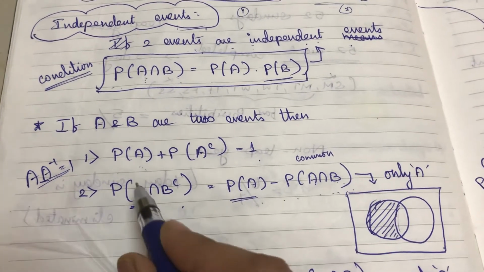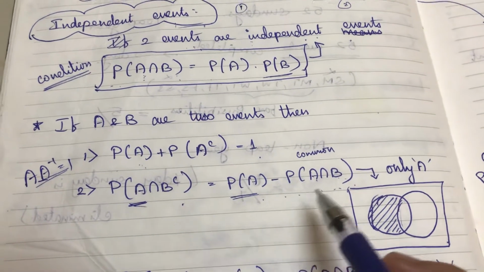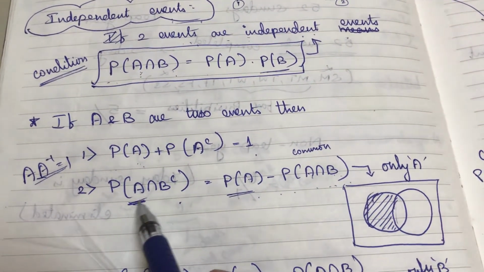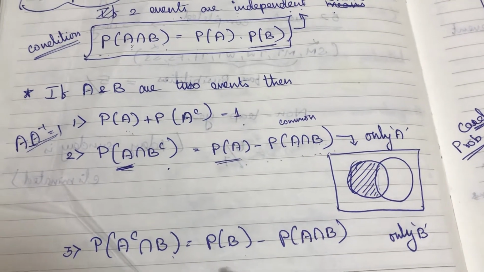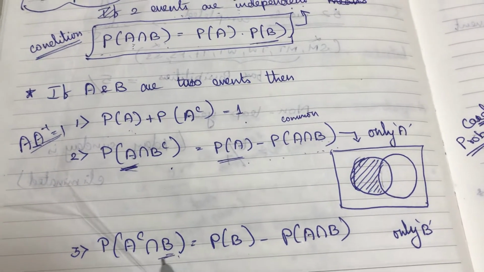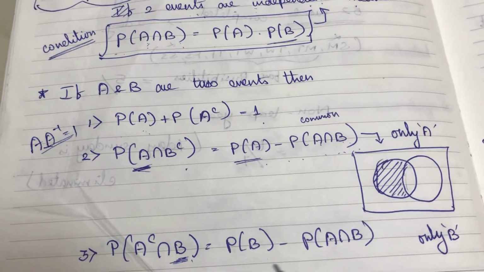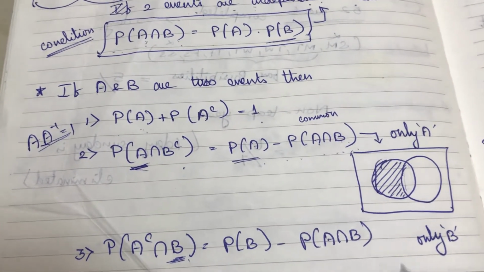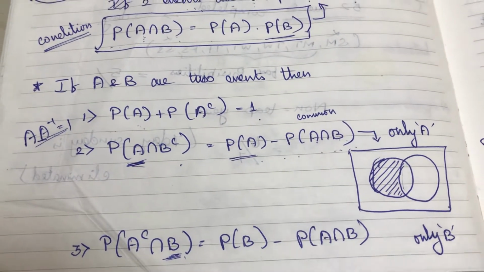If A is a whole value and B is complement, I need to remove the common part, A and B, and only A will come here. In case of B, only B will come here. What is the normal value here? P of B will come here. For that purpose, I am subtracting the common thing from B.